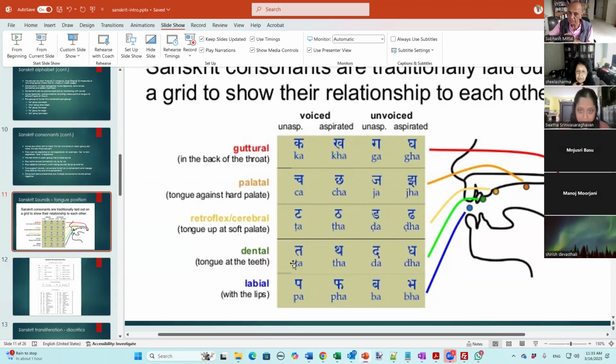So it's called the dental sound. And then this line is the labial, where the lips are touching each other. Pa, pha, ba, bha.